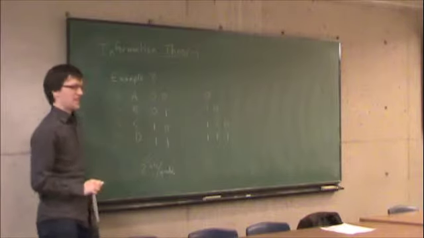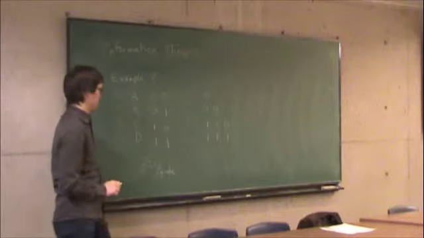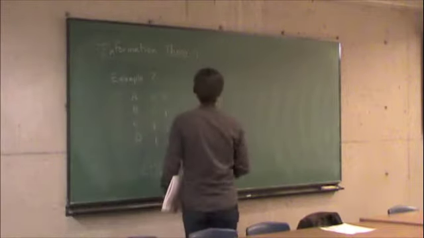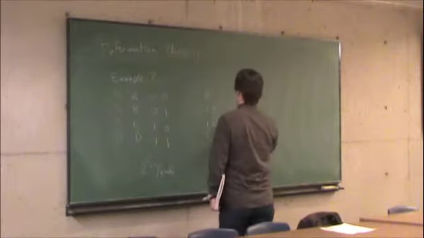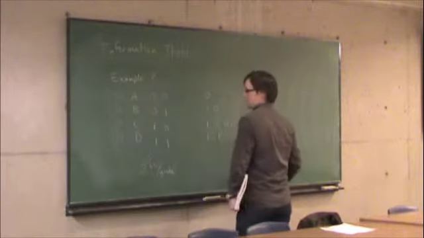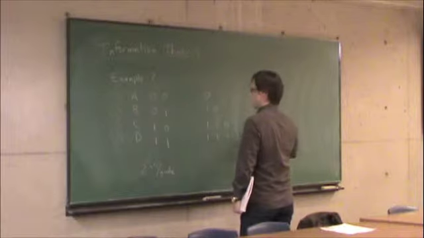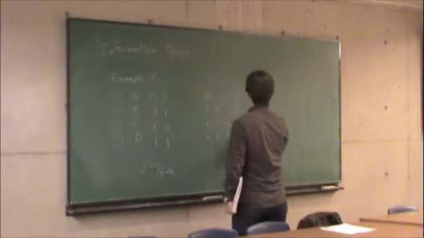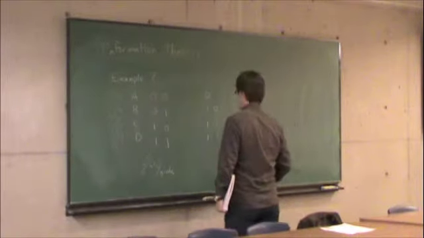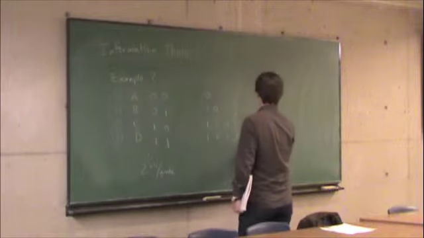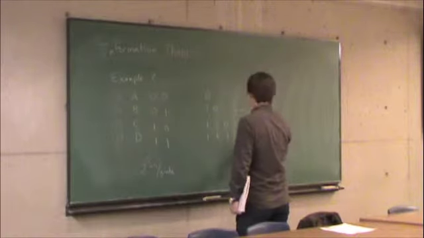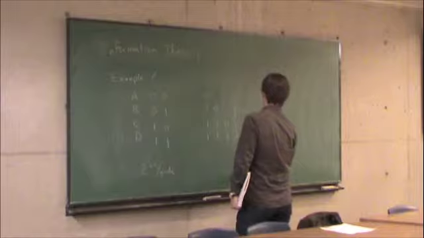So, what is the average number of bits per grade over here? Here I have 1 bit, and that occurs 1/2 the time. Here I have 2 bits, and that occurs 1/4 of the time. Here I have 3 bits, and that occurs 1/8 of the time. And here I have 3 bits, and that occurs 1/8 of the time.